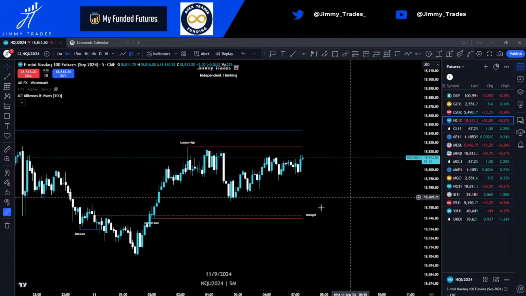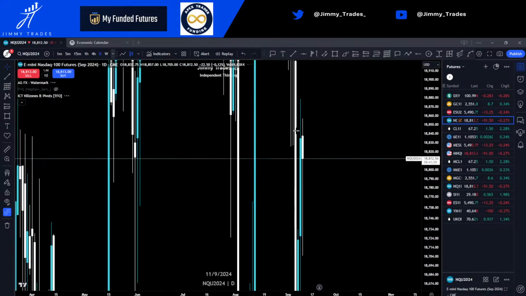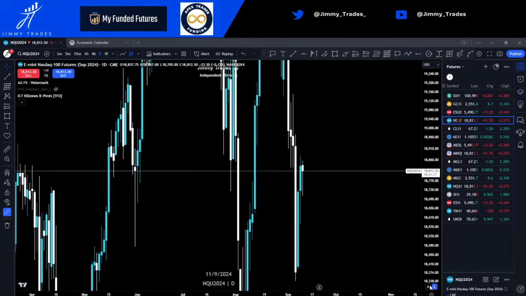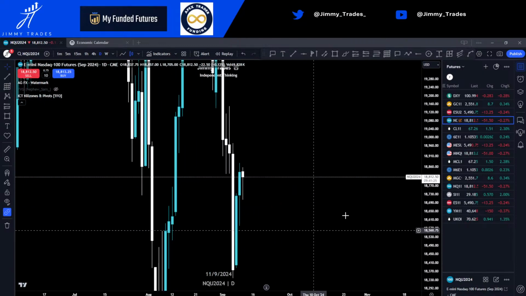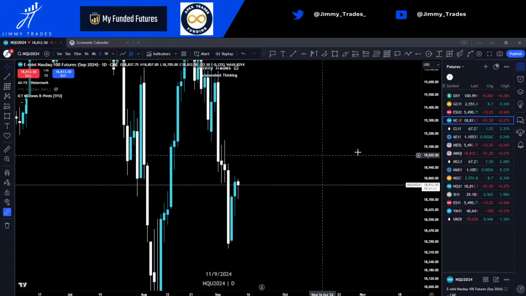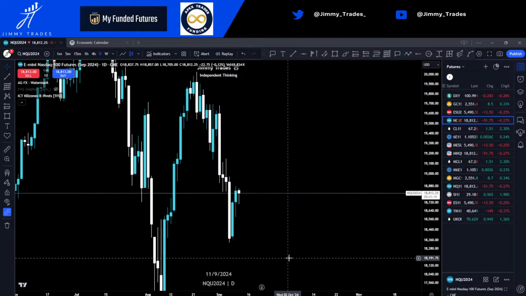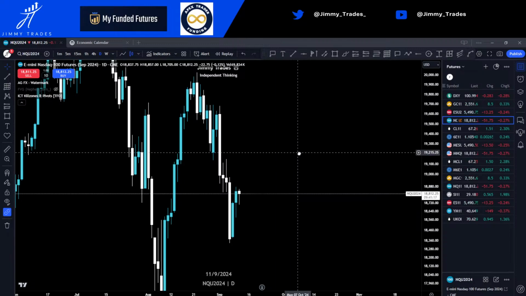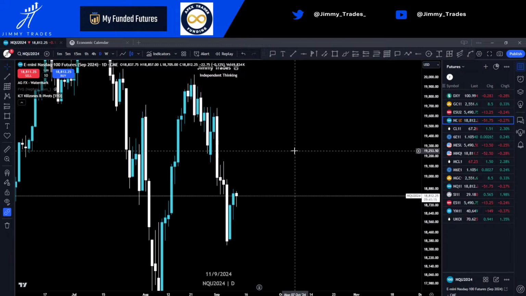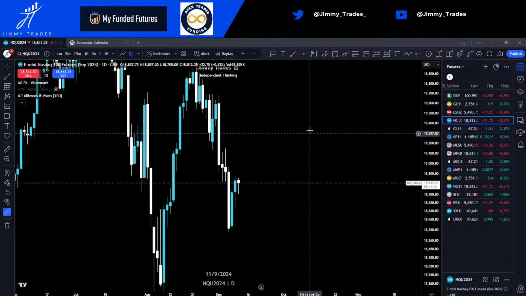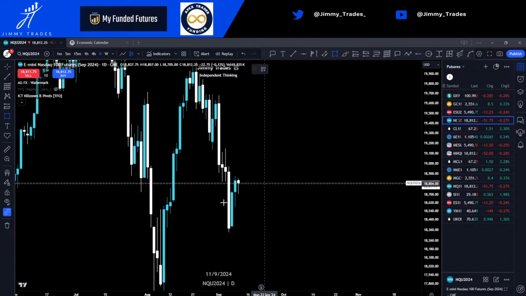All right, let's zoom out and push through a bit of analysis so we can get ready for CPI. So here we are on NQ on the daily.